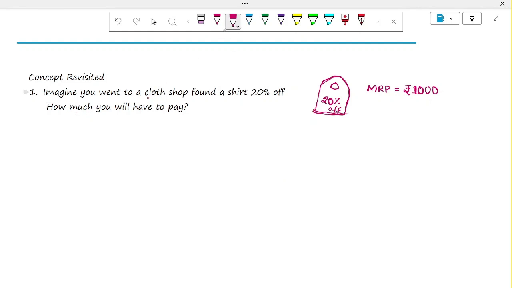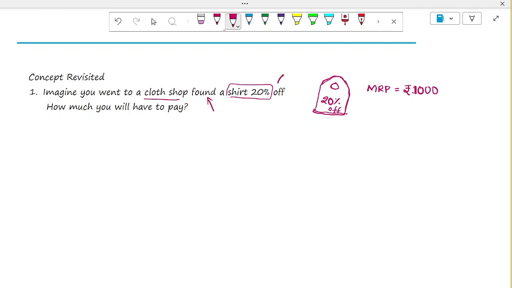Imagine you went to a cloth shop and you found that a t-shirt is having 20% off, and how much will you pay? For this, you will have to know what is the MRP, that is the maximum retail price of that particular shirt, right? And then you will be able to calculate what is the 20% of that, and then subtract.